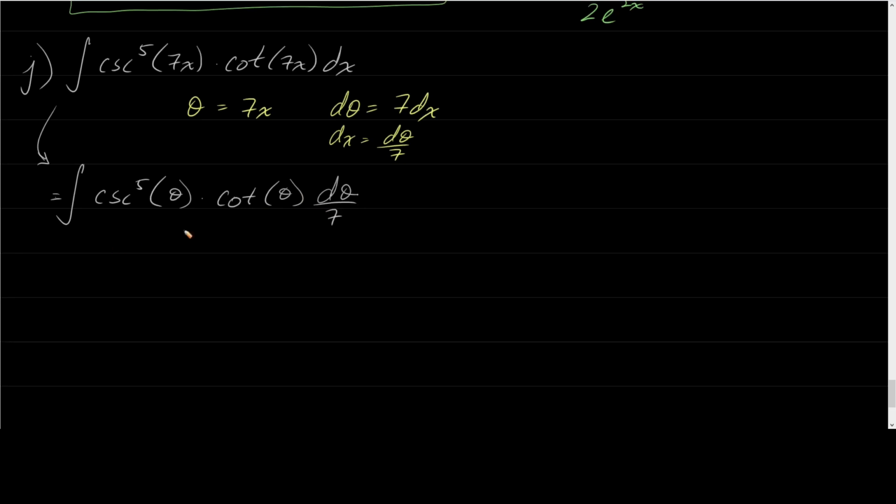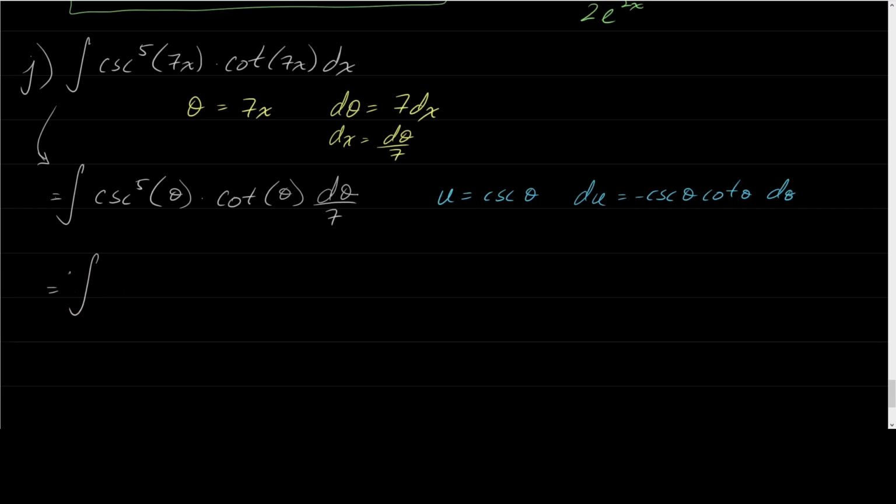Let's make u be cosecant theta. Therefore, du would be negative cosecant theta cotangent theta d theta. And by the way, the reason I'm using cosecant theta as our u is because it's the one that's raised to the 5th power. That's the only reason I'm using that. Now, let's see what happens here. When we make the substitution, we end up with the integral of cosecant was our u.